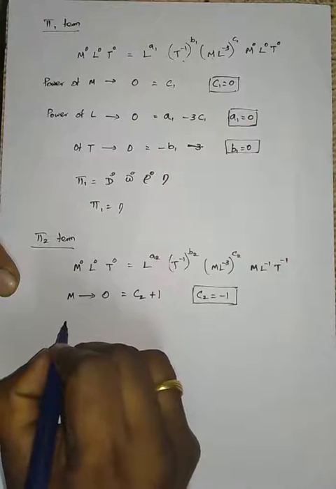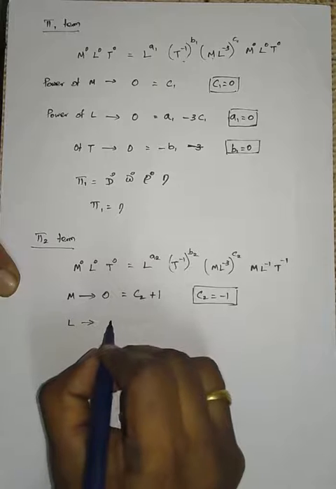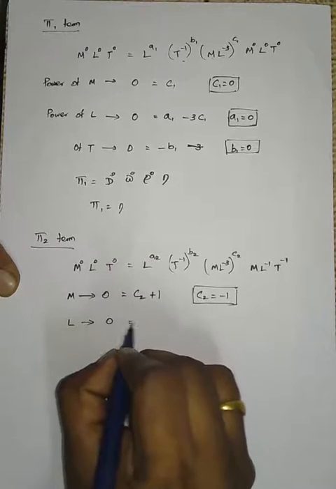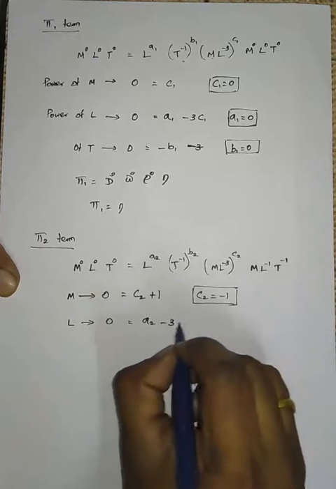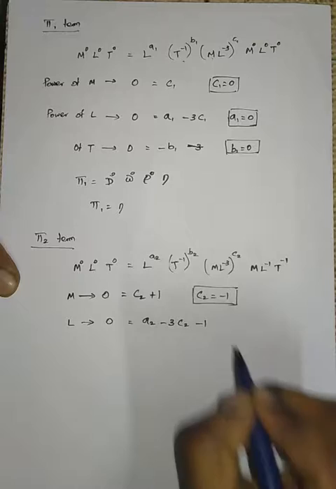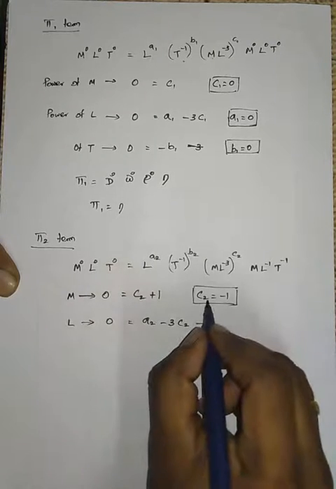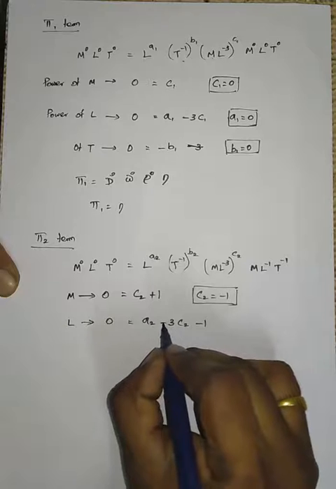The next step, you have to choose the power of L. In the left hand side it is 0, equal to a2, here minus 3 c2, here it is minus 1. Now substitute the c2 value here, you will get minus of minus 1 into 3.